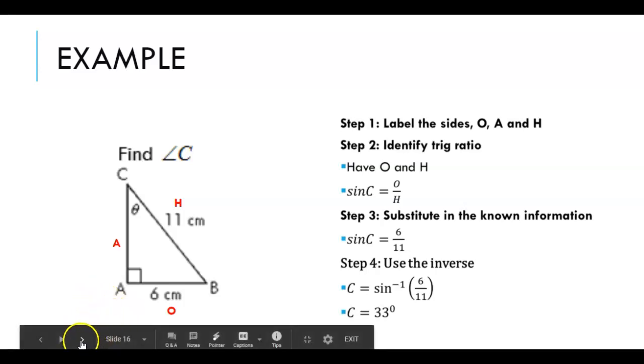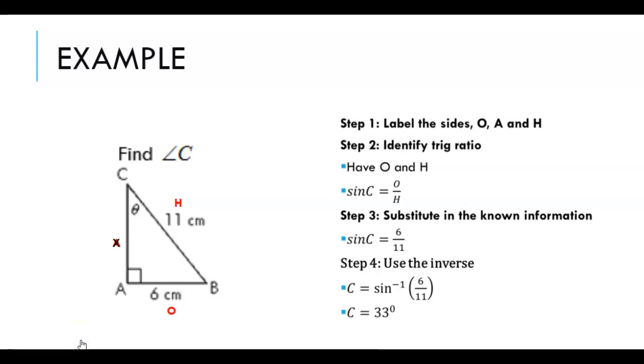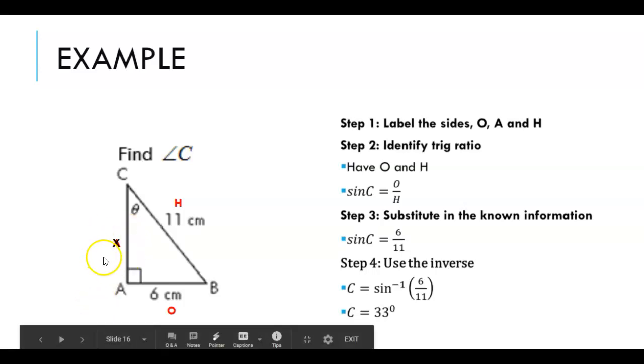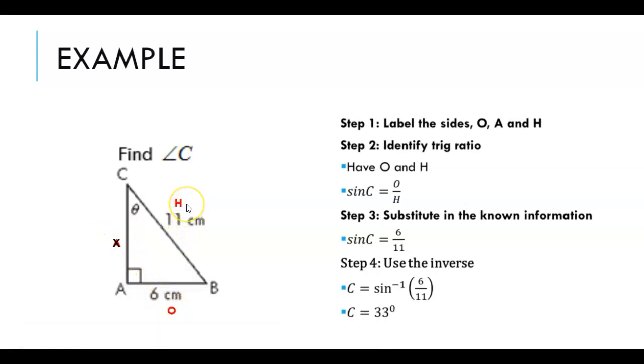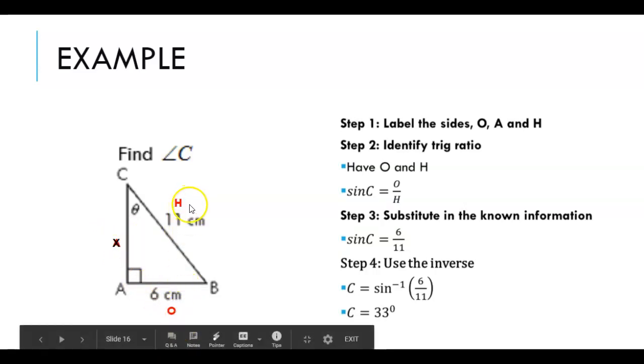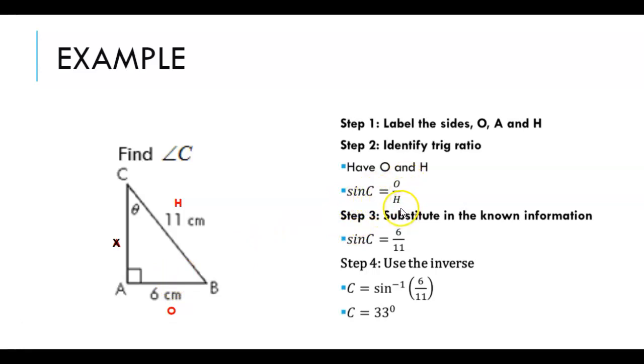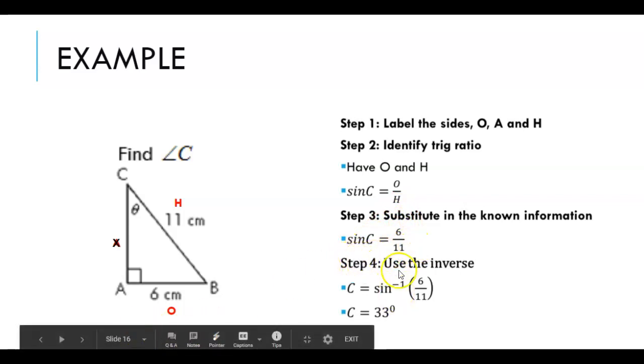What is given to us is hypotenuse and opposite. No information is given for the adjacent. Therefore, we can eliminate that. That means that we are left with opposite and hypotenuse. Which one of the trigonometric ratios has those two sides? Sine. We can write sine of C equals opposite over hypotenuse. Plug in the information that is given to us.